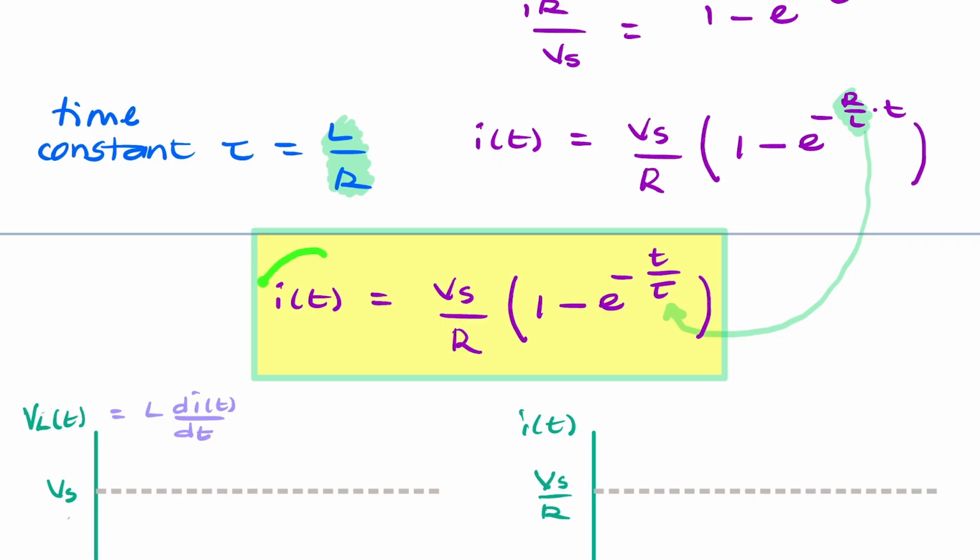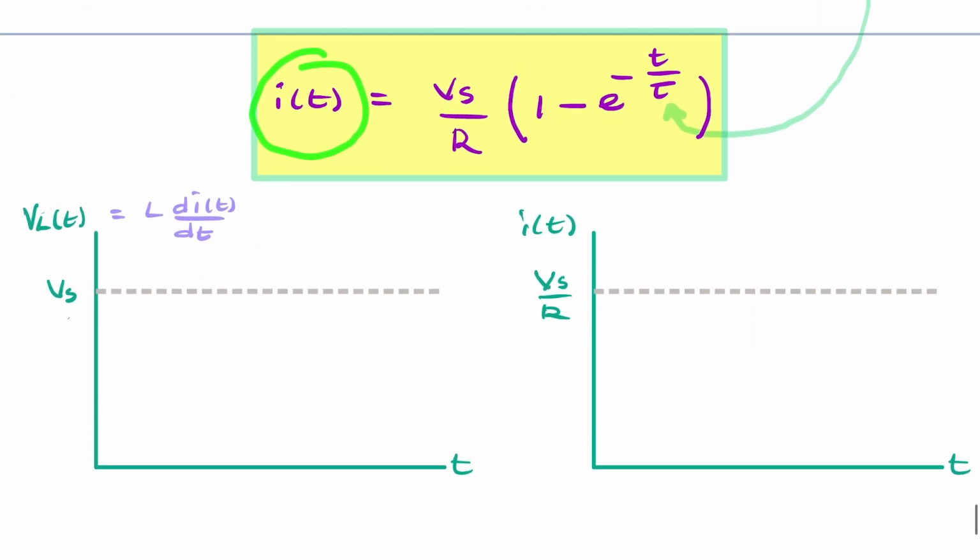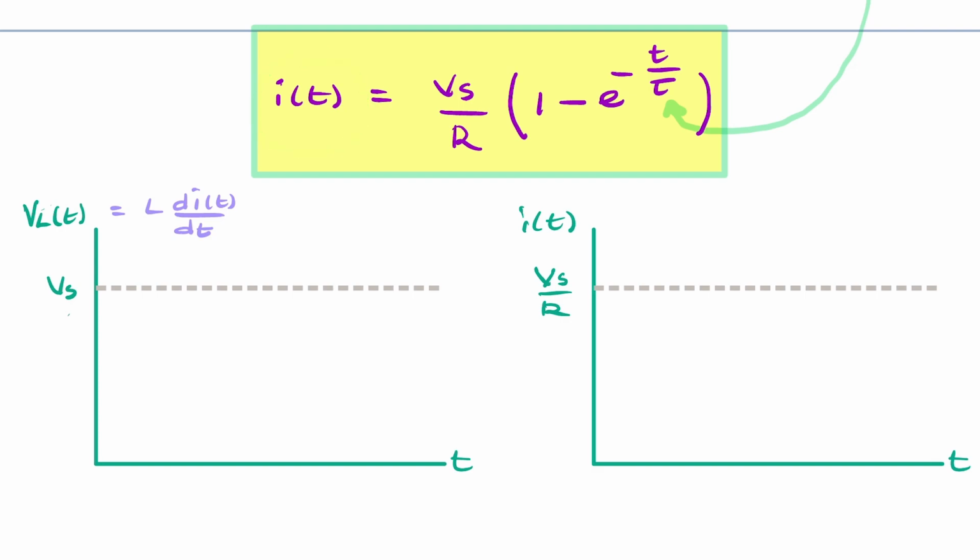So if we wanted to sketch this to see how it changes with time, it's clearly a rising exponential. So when t is 0, you've got 1 minus e to the 0. 1 minus 1 is 0. So initially there's no current. We know that because it starts as an open circuit.